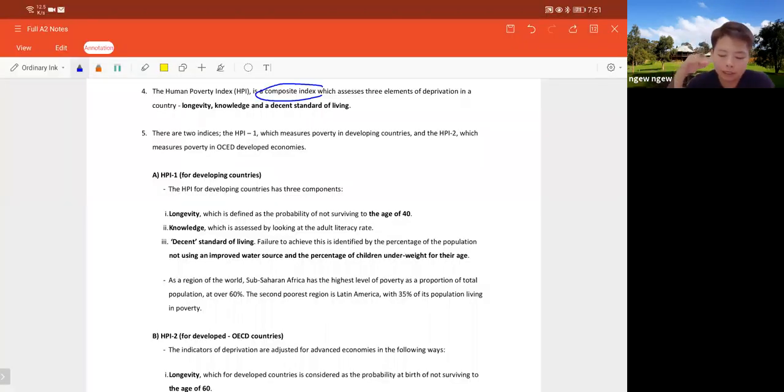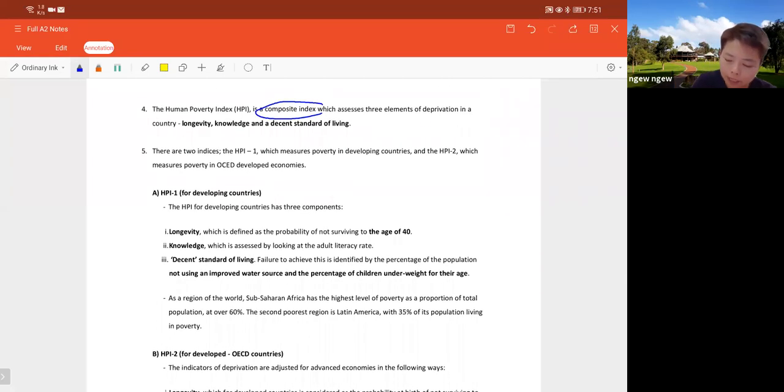Therefore, the Human Poverty Index is a bit similar to the Development Index. It's just that their direction is one positive, another negative. So if you look at this Human Poverty Index, the higher your HPI, the poorer the country is. So that is different from the Human Development Index.